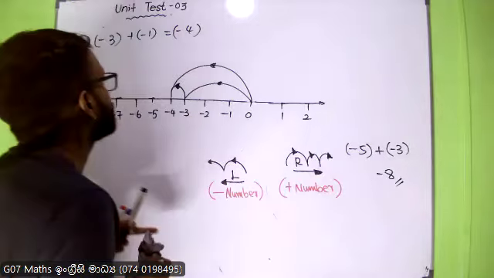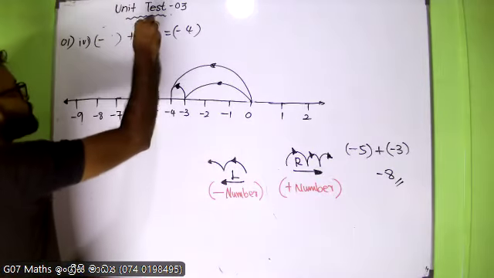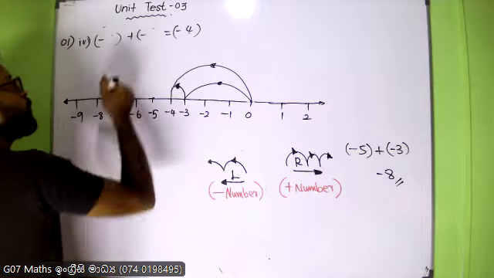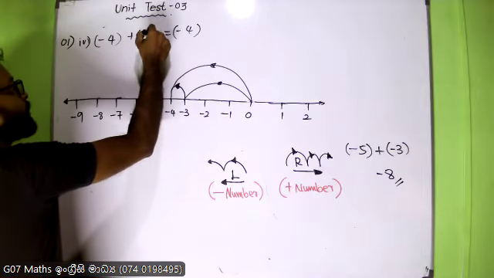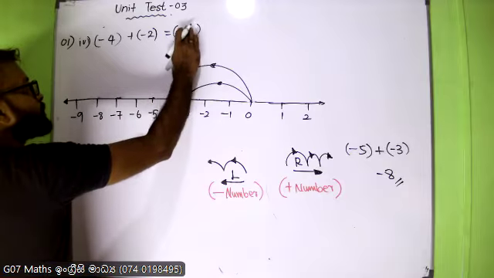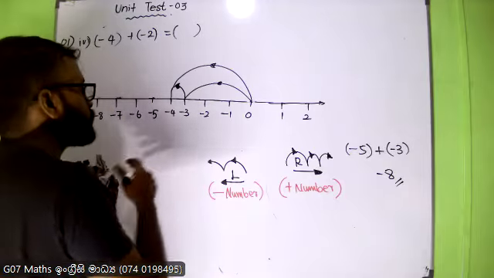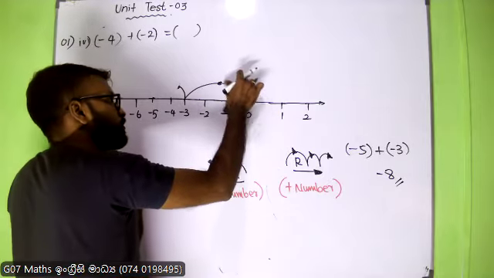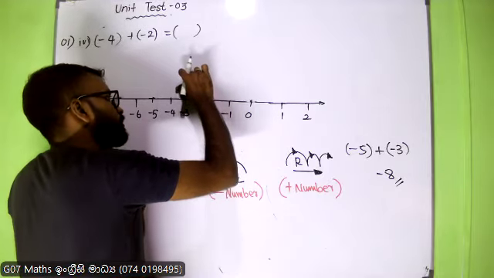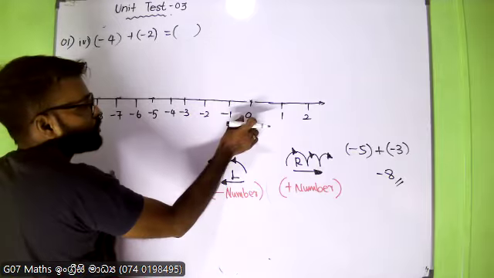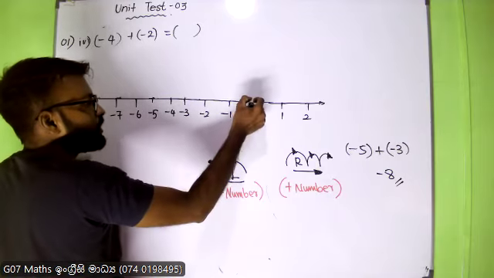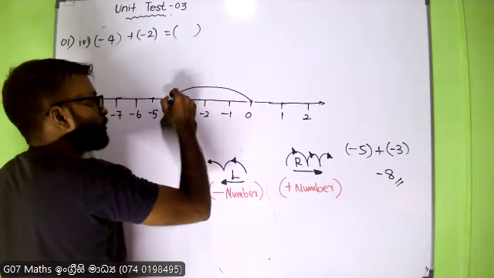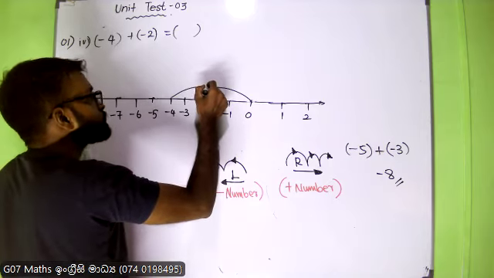Fifth one. Again negative, right? Negative 4 plus negative 2. So let's see. From 0 to negative 4, I have to draw an arrow from 0 to negative 4.